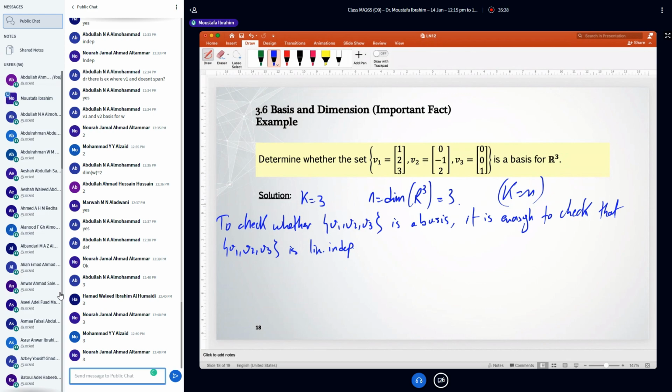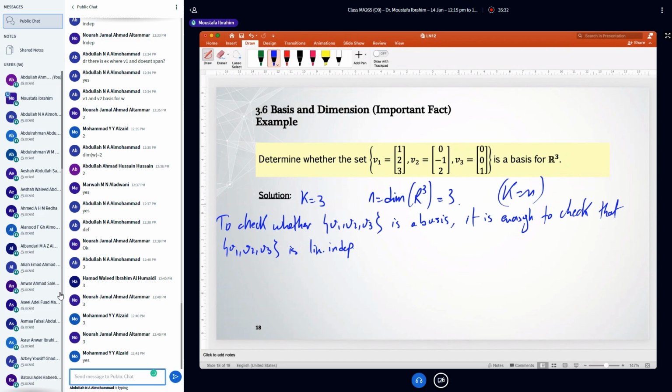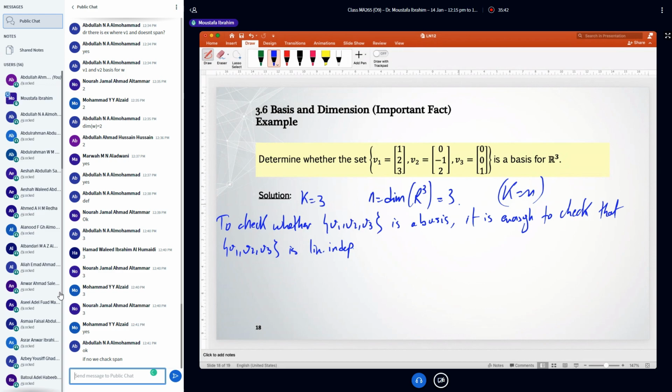Okay, guys? Clear? Always. In fact, always. If k equals n, directly only do linear independence, forget about span. Because k equals n. If k is different than n, directly it's not a basis. No need to do anything.